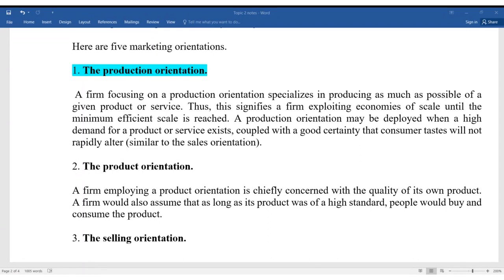That is a group of customers that have got high income, that are able to afford costly, expensive, highly innovative products. If you are targeting such a market, then you can apply the same. Thirdly, if the firm wants to maintain a prestige image for their product, they can apply or use that concept.